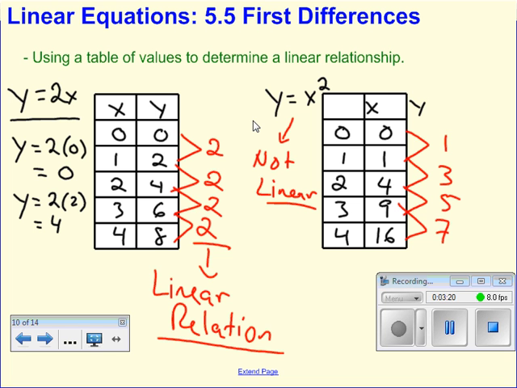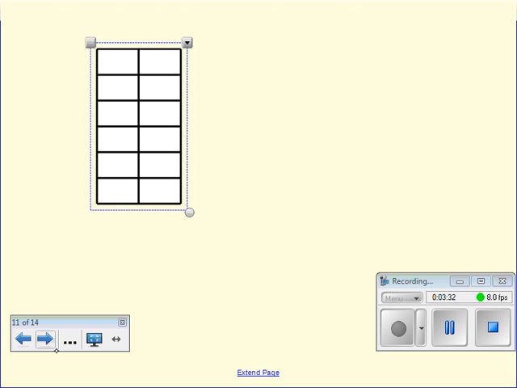So first differences right away can tell me, once I do these differences between the y values, whether or not this equation is linear. This also works if I have, let's say, an equation, y is equal to x plus 6. Let's try this one.